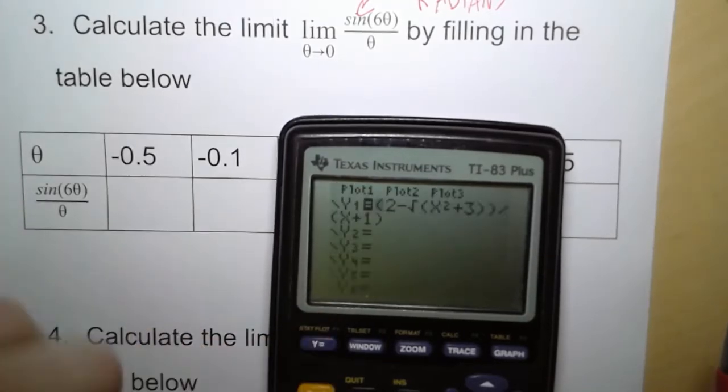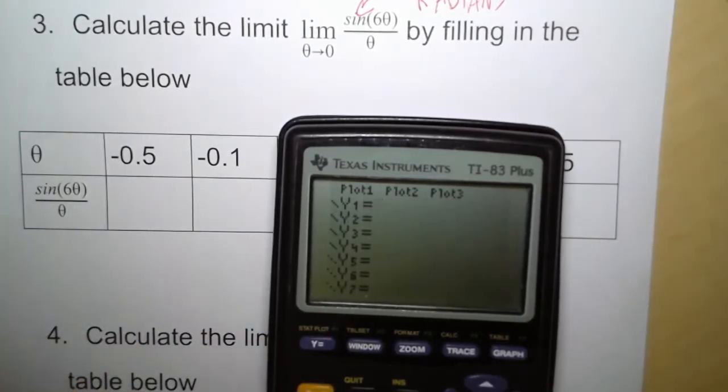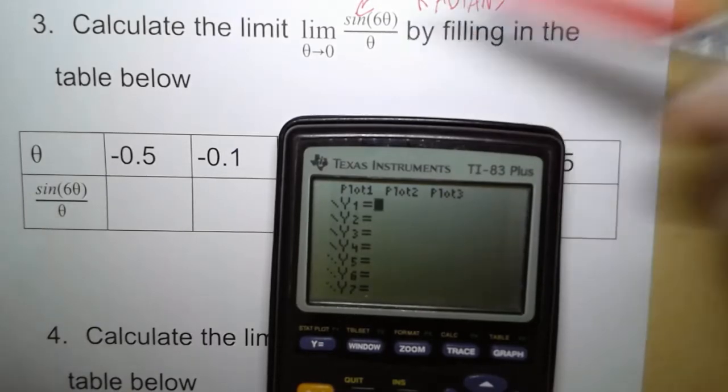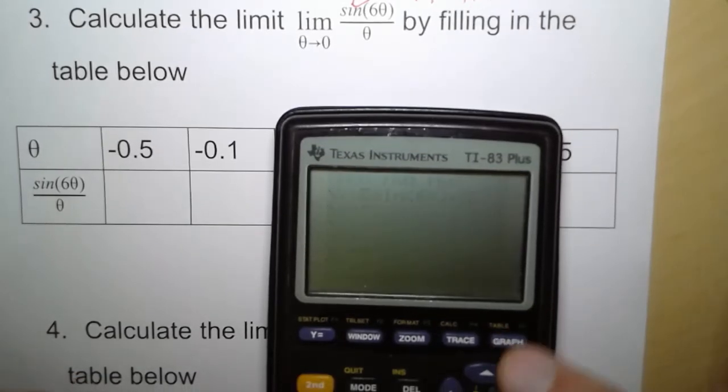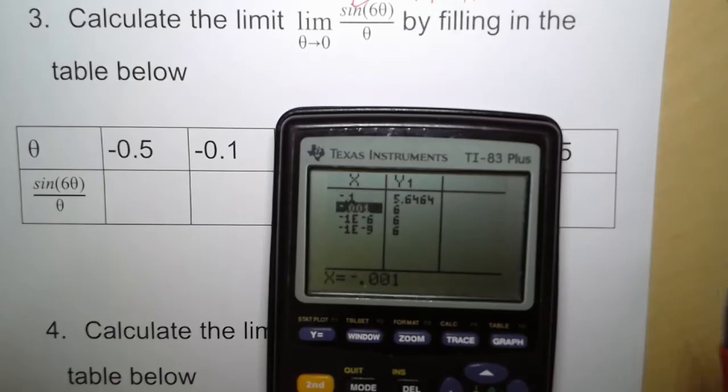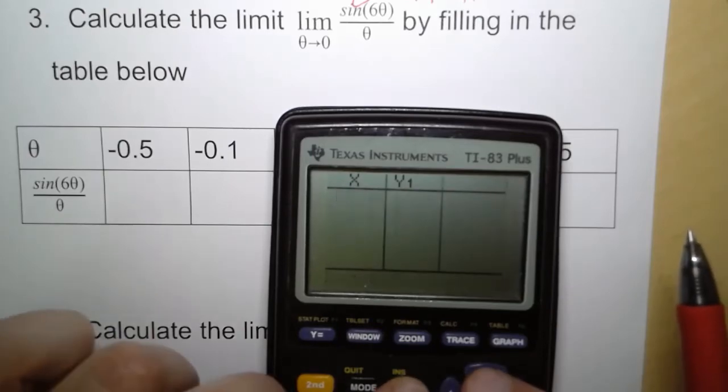So now let's change out our function from what it was in number 2 to this function in number 3. So we have sine of 6x, close parentheses, divided by x. Now if I return to my table, pressing second graph, I can delete these, delete, delete, delete, delete.